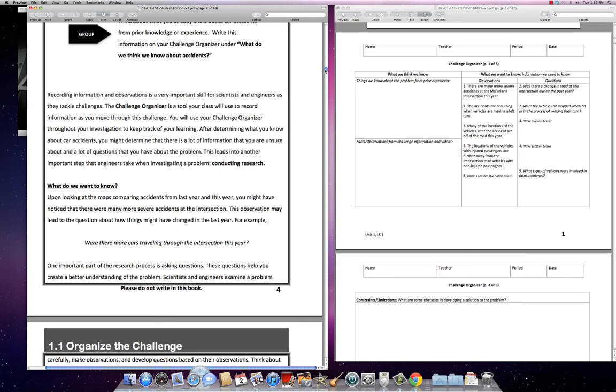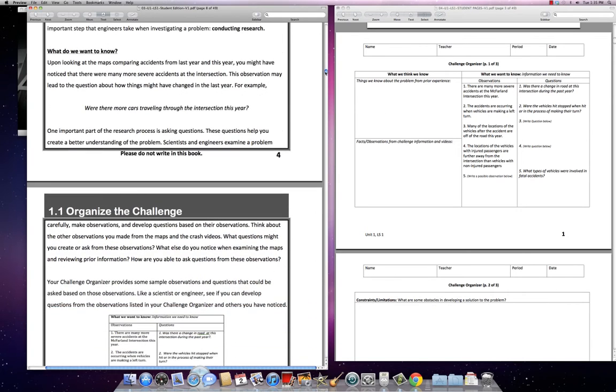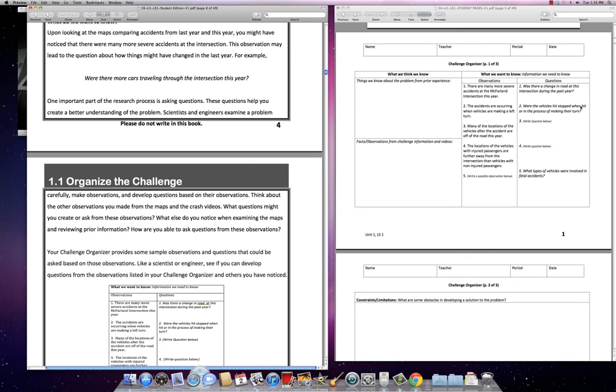You will see that there are 4 observations, and students will assist in writing questions for 2 of these observations. We'll examine questions written for the other 2, and then write a possible observation for a question that has been provided.